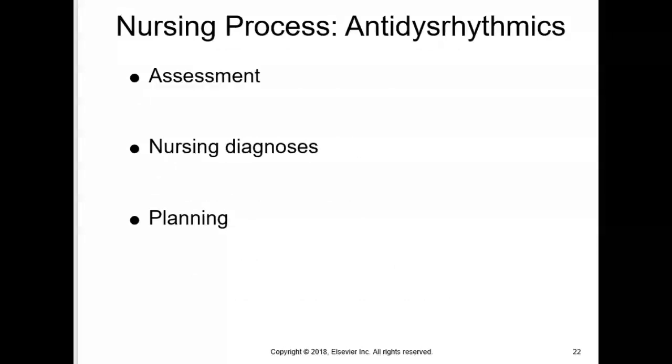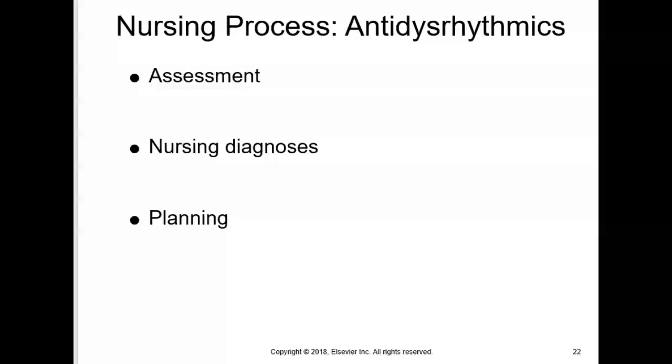In terms of the purple nursing process box for antidysrhythmics, I want you to know the nursing interventions. We need to monitor vital signs because hypotension can occur when administering drugs as prescribed. We want to monitor the ECG for abnormal patterns and to see if our medications are effective in changing the patient to a more normal rhythm.